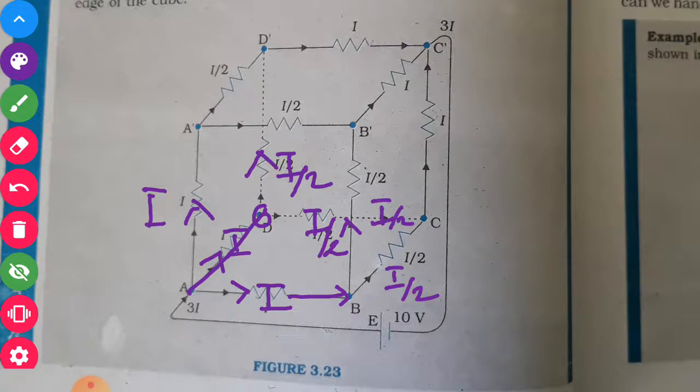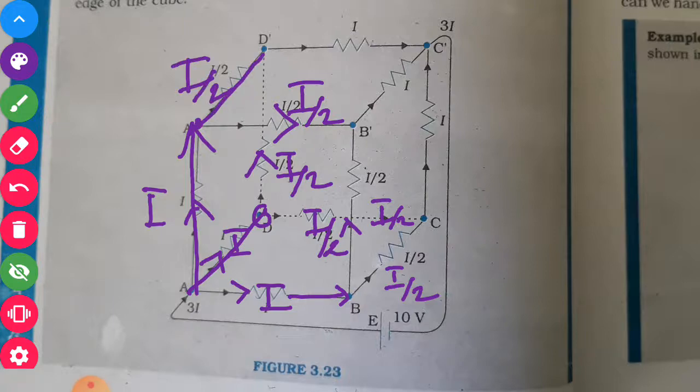Then this reaches at A prime, this becomes I by 2, this also becomes I by 2, that is in AD prime branch. Now consider D prime: which currents are coming? From DD prime and from this AD prime. So I by 2 and I by 2 are reaching here, so it becomes I in this branch.